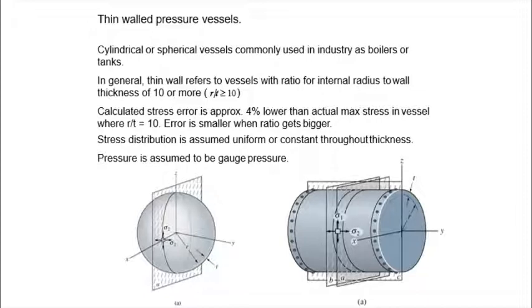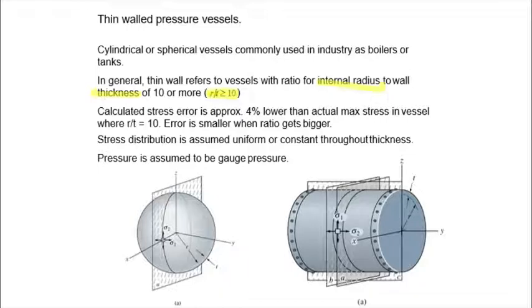In general, we define a thin wall pressure vessel when the ratio of internal radius R to the thickness T, that's the definition that we use, is larger than or equal to 10. So it must be at least 10 or above. Okay.